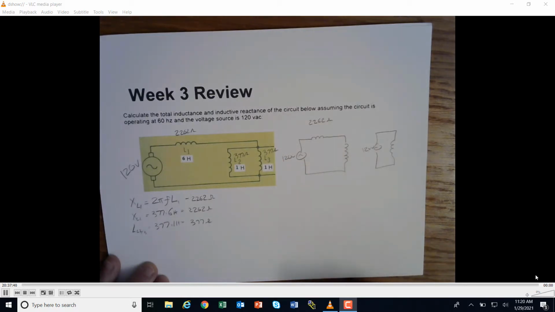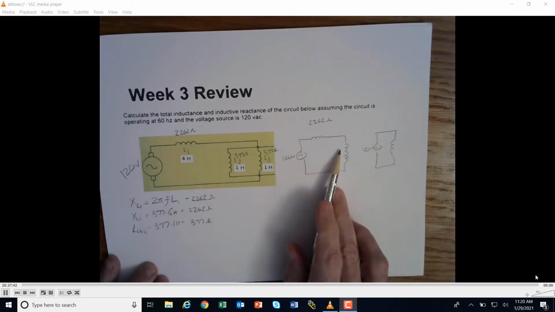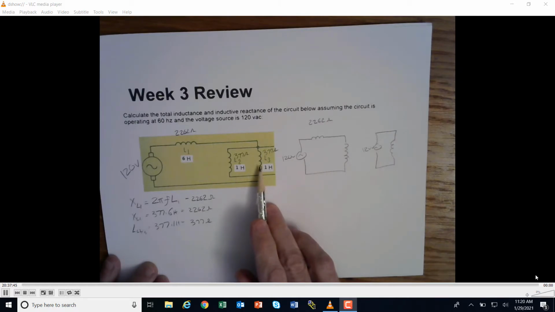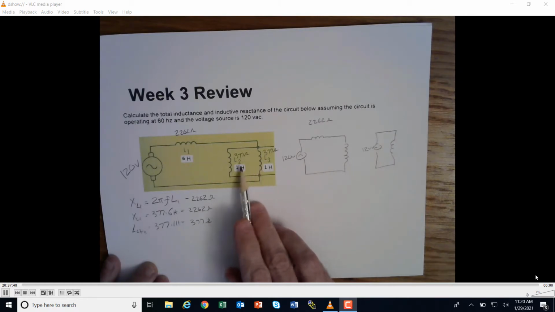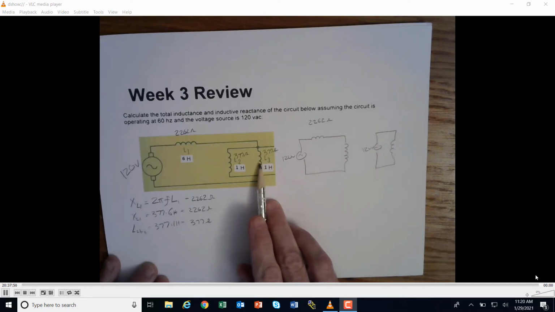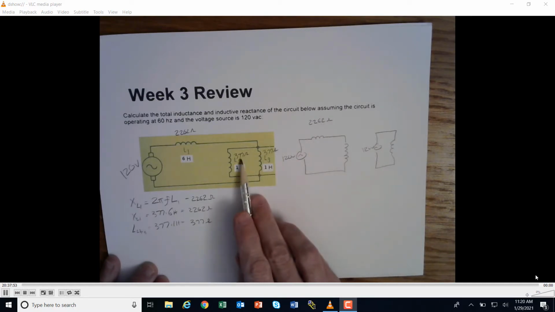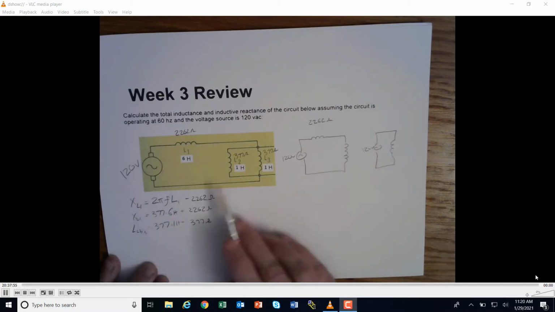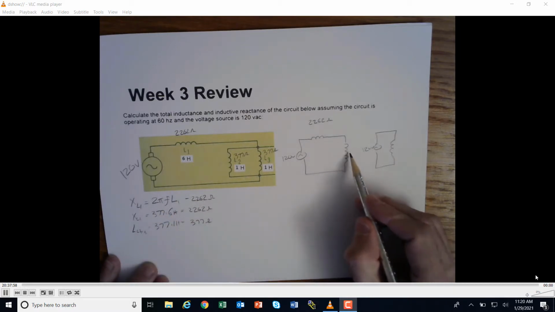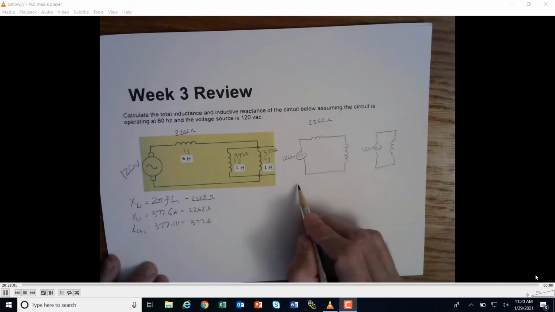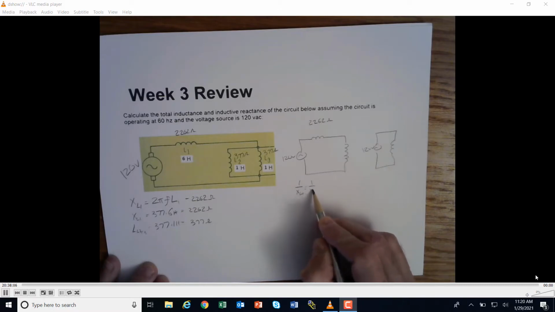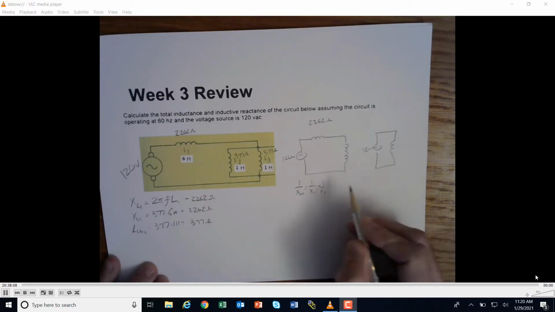All right, so when we move to a reduction here, when we learned about resistors in parallel, the reciprocals of these added, and then we took the reciprocal of that. Now that we've got our inductive reactance, we can use that same thing. So in order to get this one right here, we would go 1 over XLT equals 1 over XL1 plus 1 over XL2, which is 1 over 377 plus 1 over 377, and then we flip it.